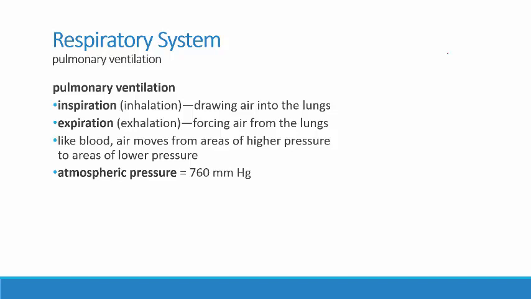And just like blood, air moves from an area where there is high pressure toward areas where there is low pressure. So if we think about atmospheric pressure, 760 millimeters mercury, if you're watching the weather, you may see atmospheric pressure described in inches, so 29 point something to 30 point something are kind of normal atmospheric pressures around these parts.